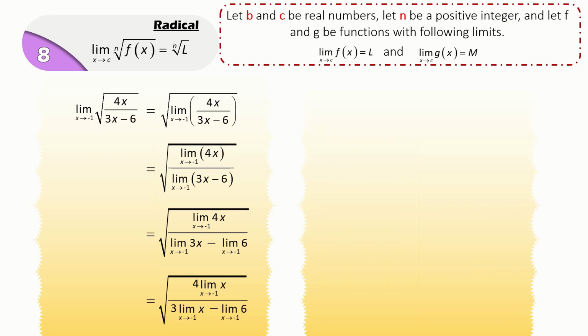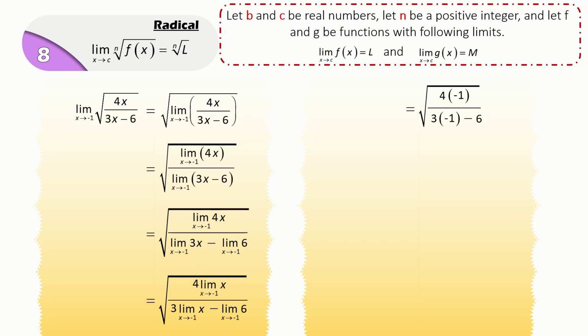In numerator, we have the product of 4 and the limit of x as x approaches -1, which is -1 using identity property, over the product of 3 and limit of x as x approaches -1 is -1 using identity property, and subtract it from the limit of 6 as x approaches -1 is 6 using constant property.